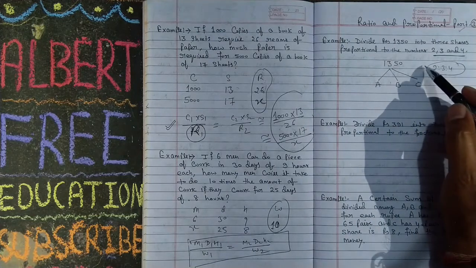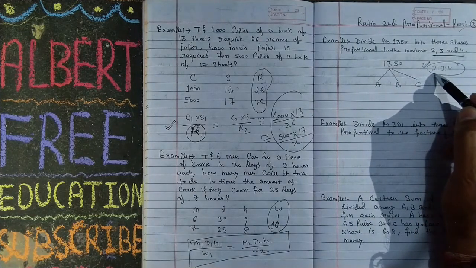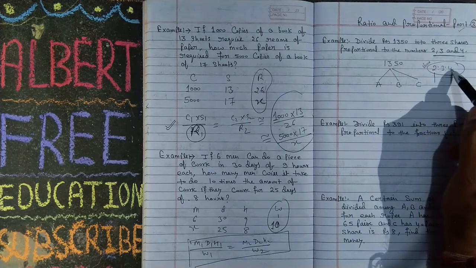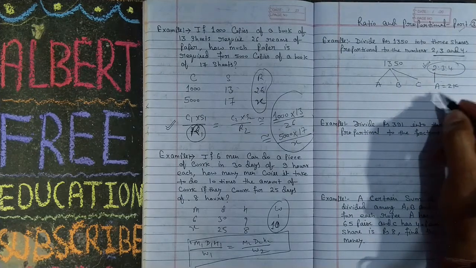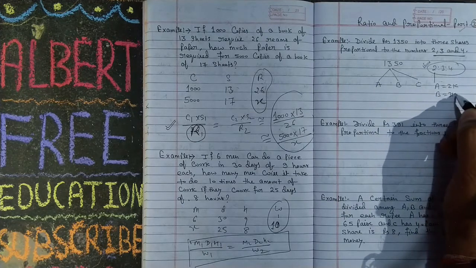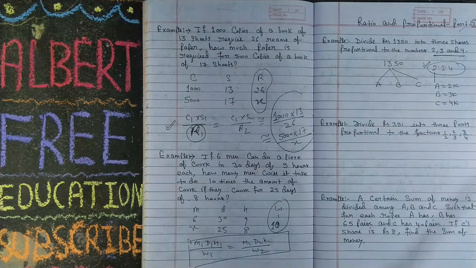Whenever this question is given in your exam, take A as 2K, B as 3K and C as 4K. Very simple.